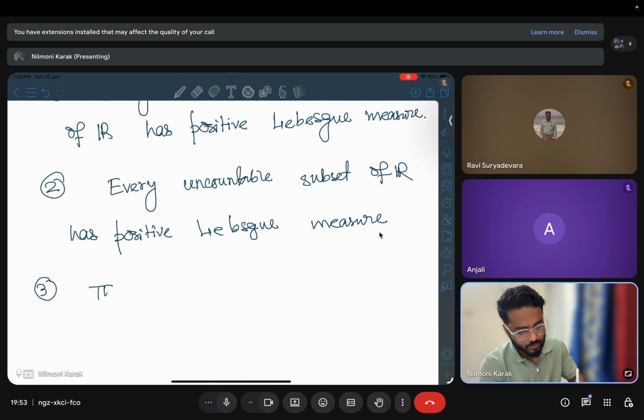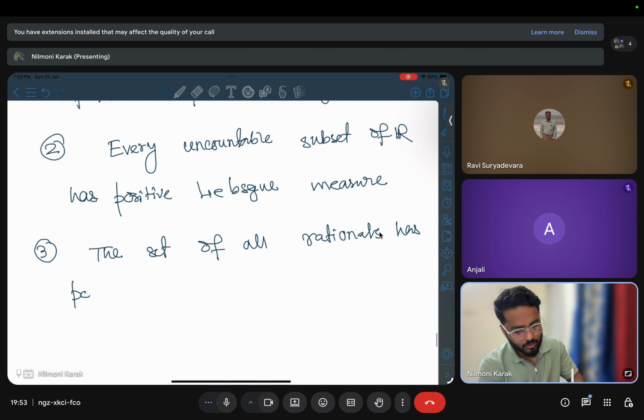And the set of all rationals has positive Lebesgue measure.